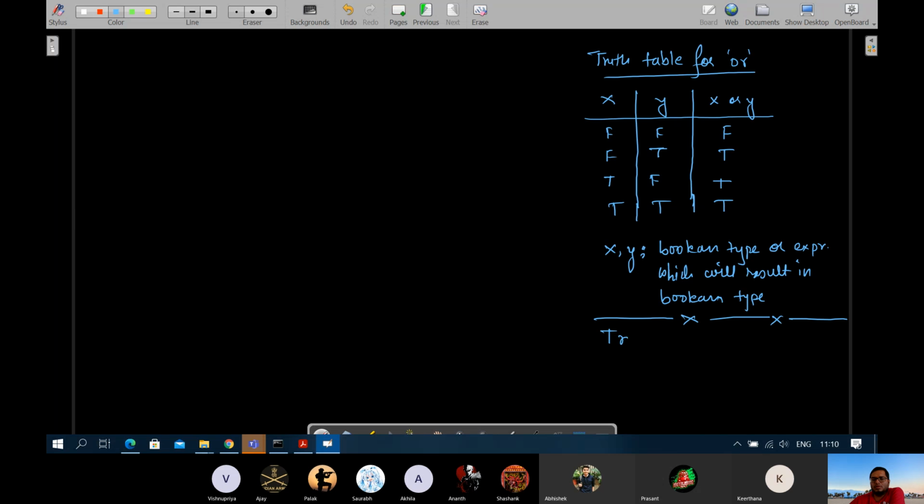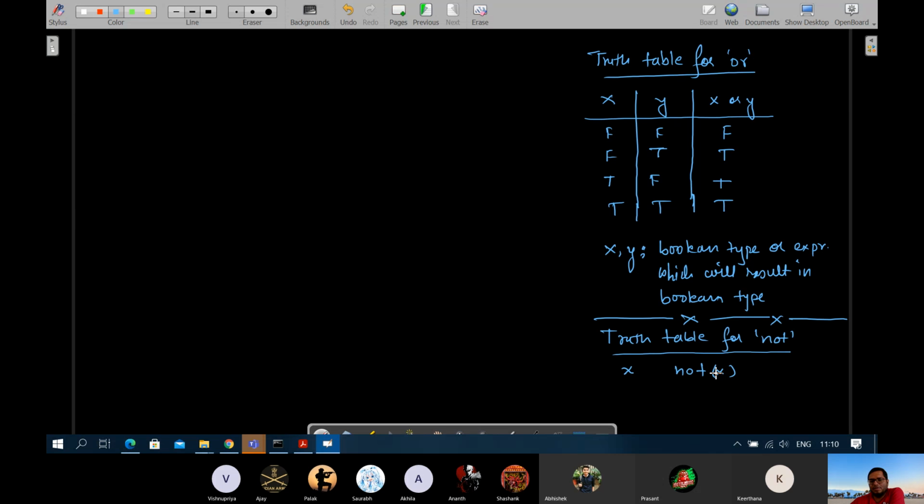Now, truth table for not. What will it be? Not will have only how many operands? It will only have one operand, which can be a Boolean type or an expression which will result in Boolean type, not x.